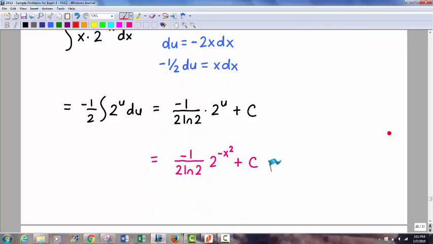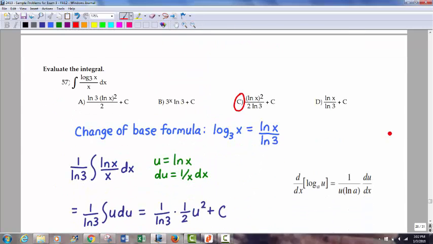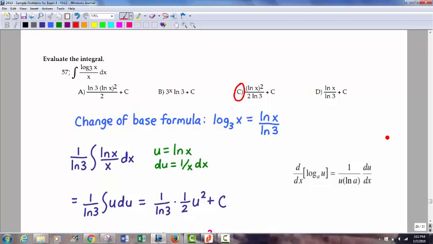Took care of 56, here's 57. Now there might be more than one way you can do this. You could probably work with just this formula as far as choosing your u and all that kind of business, but I use this change of base formula, which if that was needed for an exam, I would provide for you within the problem, most likely.